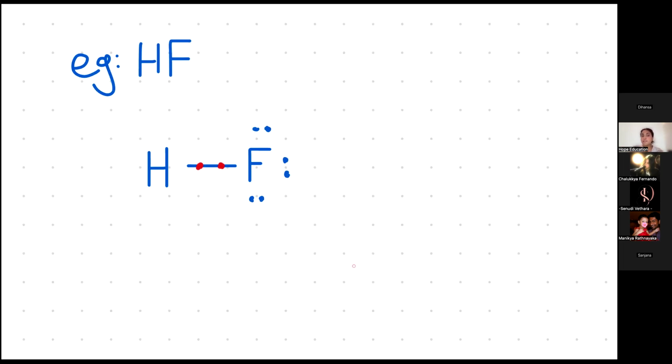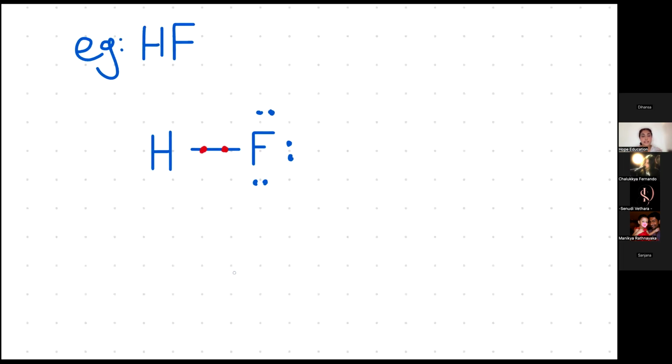Now the bond is made from two electrons, so we think that this is how the electrons exist. But in reality, that is not how the electrons exist. The electrons exist like this.